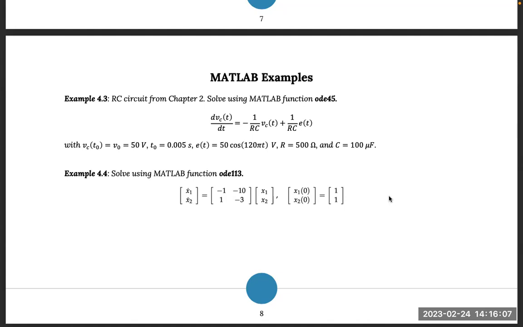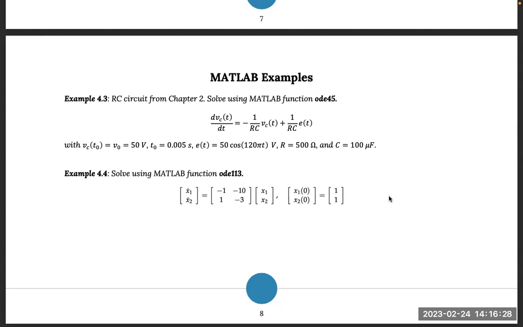Plus 1 over RC E. And that E of t is going to be some input, right? Given a source, I assume. Yeah. So you have a source, you have a resistor, a capacitor, and you want to know what is going to be the voltage at the capacitor.